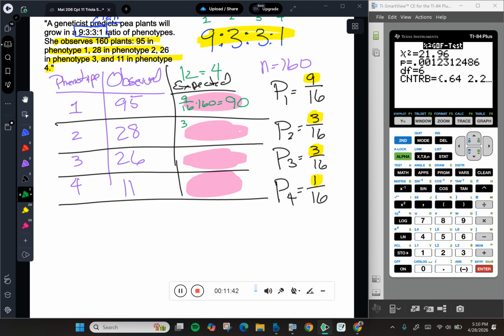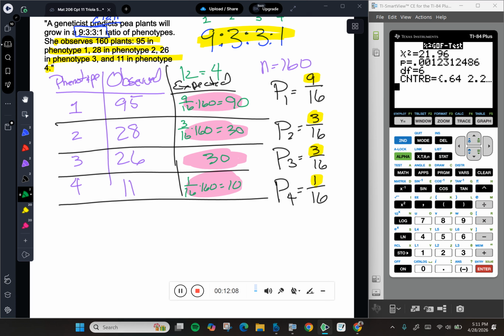The second one would be 3/16 times 160, which would be 30. This one would also be 30 because it's the same probability. And this would be 1/16 times 160, which would be 10. Now I'm going to check my math here by adding them up, because if those add up to 160, I should be right. So 90 plus 30 is 120. 120 plus 30 is 150, plus 10, 160, so we're looking good.